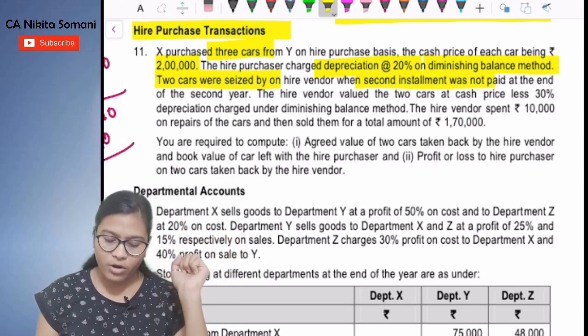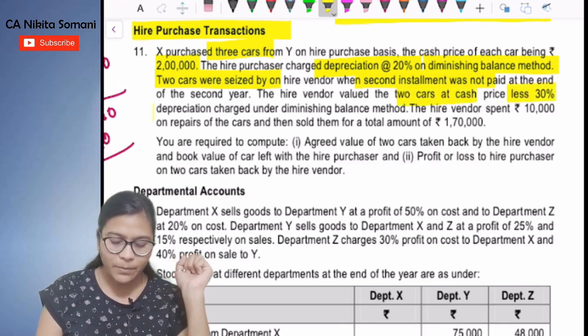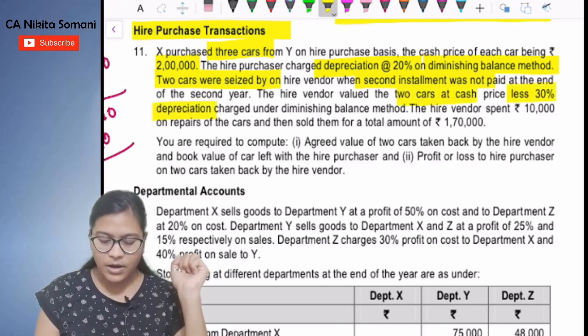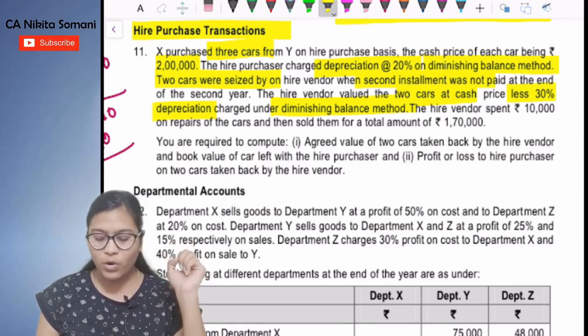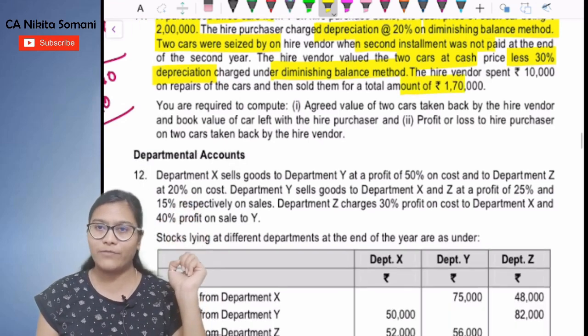The hire vendor valued the 2 cars at the cash price less 30% depreciation charged under diminishing balance method. The hire vendor spent 10,000 on repairs of the cars and sold them for a total amount of 1,70,000.